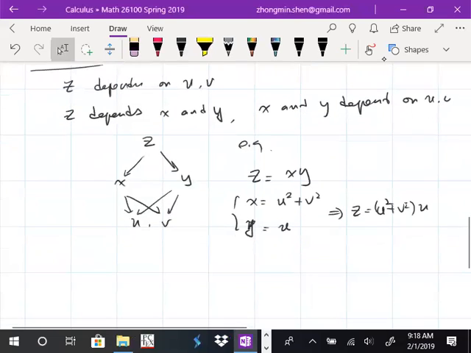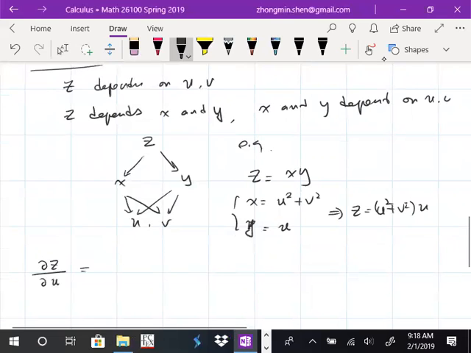So how can I find the partial derivative of z with respect to u? You can find the derivative directly if you're able to express z in terms of u and v.